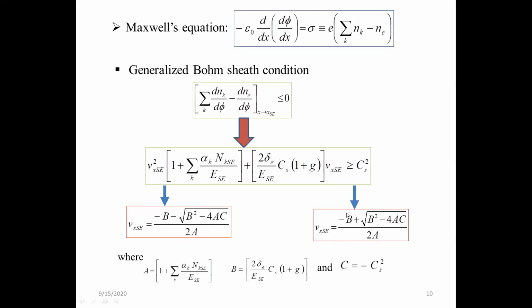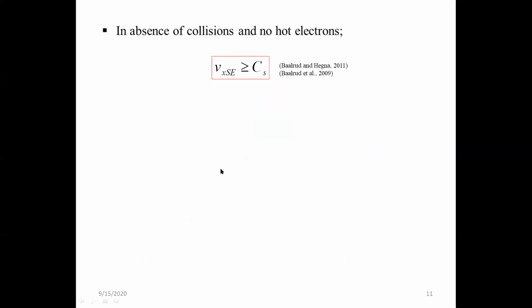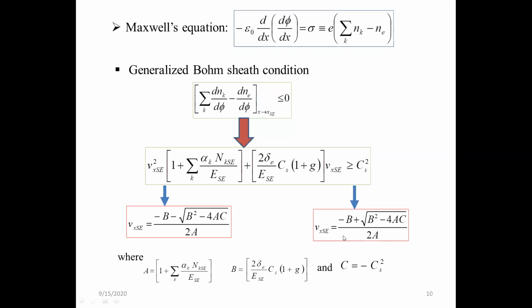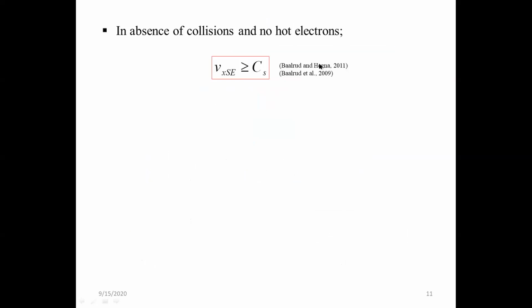So we take this relation. This is the Bohm-Sheath condition, modified due to the electron impact ionization as well as the velocity-dependent collision term. If there are no collisions and no electron impact ionization, this relation converts to the previous work, in agreement with the previous work.